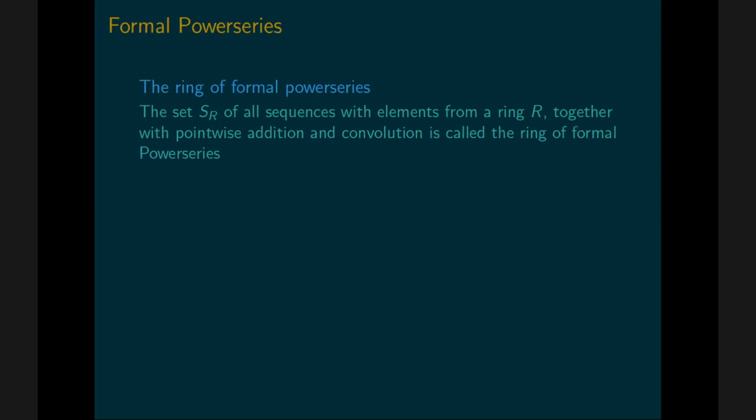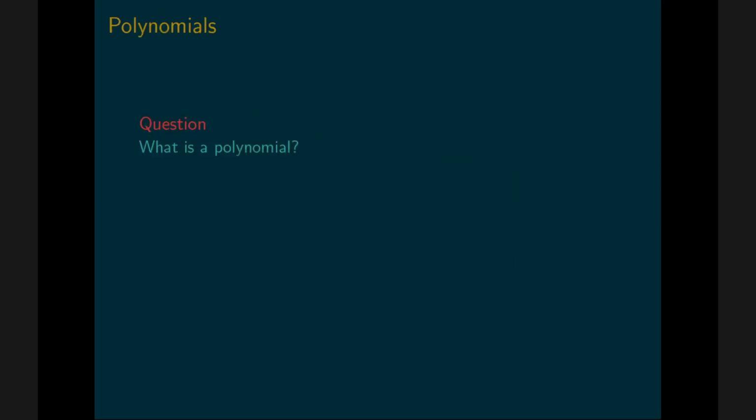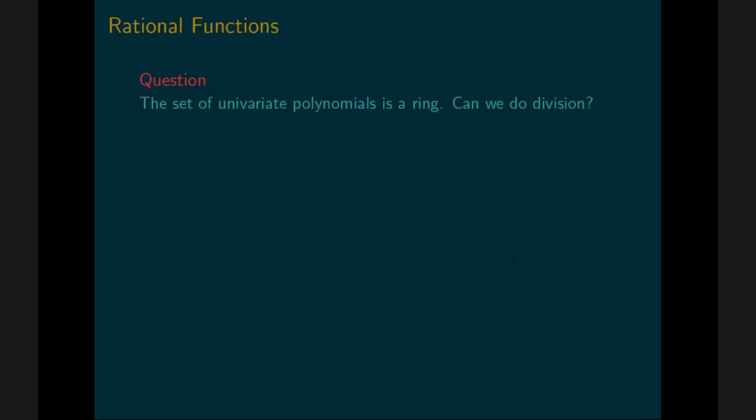And we saw the set of formal power series. Then we saw that the set of finite power series is the set of polynomials, the ring of polynomials. Do you remember this?